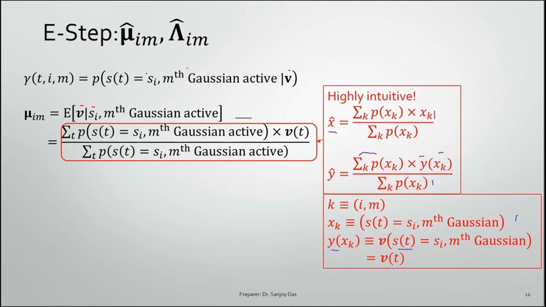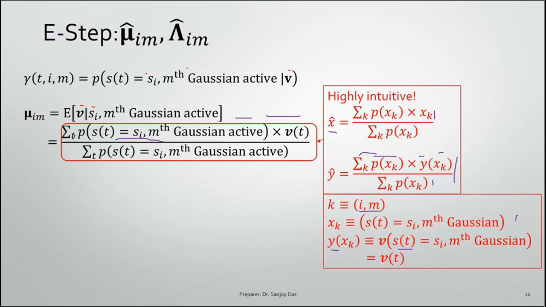So if you compare this here with this, instead of these probabilities p of xk, what I have is the probability of St equals Si and the mth Gaussian being active. And I'm summing over all times. And during each time, I know that one state is where the HMM is, which is state i, and one Gaussian, the mth Gaussian, for state Si is active.